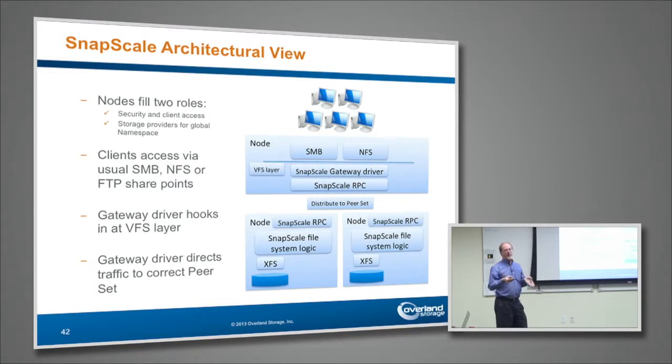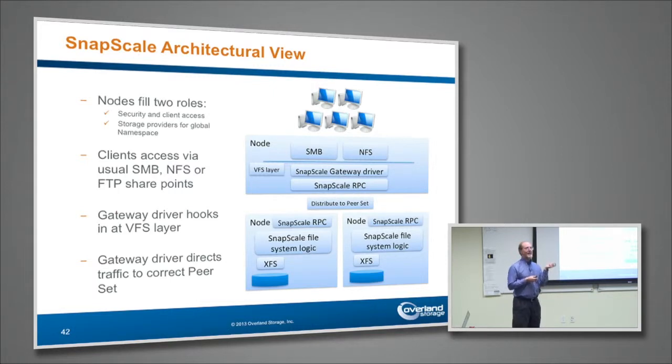We're running a variant of Linux in our box. It's probably no big surprise to you guys, right? When the file request comes through the SMB layer, it pops out at the VFS layer in Linux. That's where we pick it up with our gateway redirector driver. Our gateway driver picks that up, takes that file request, reformats it into a SnapScale RPC call.